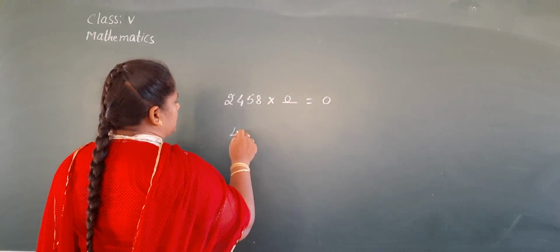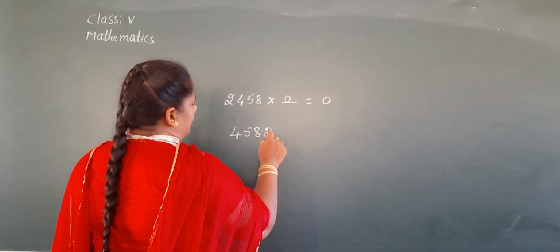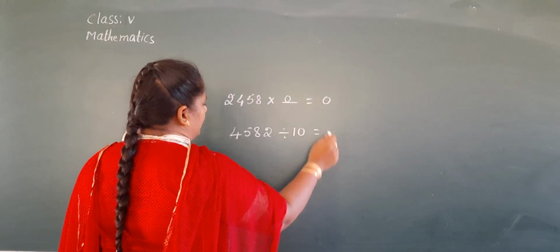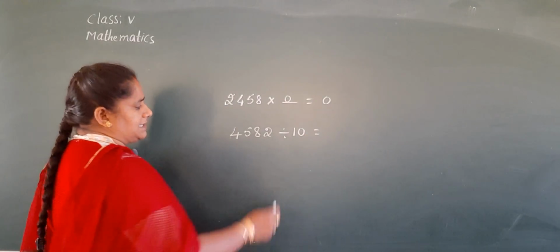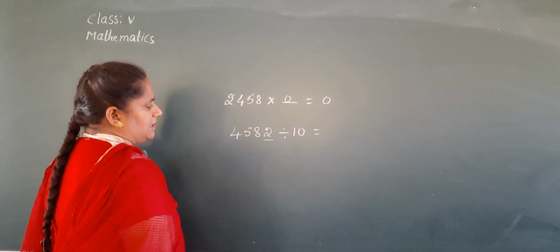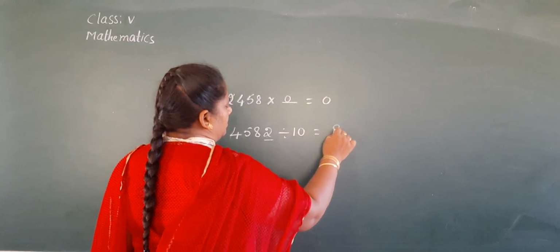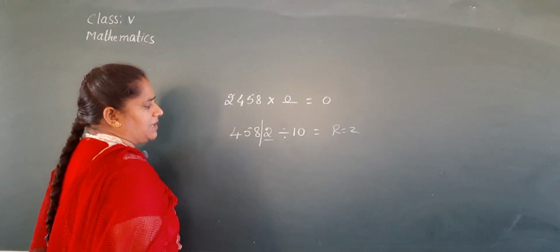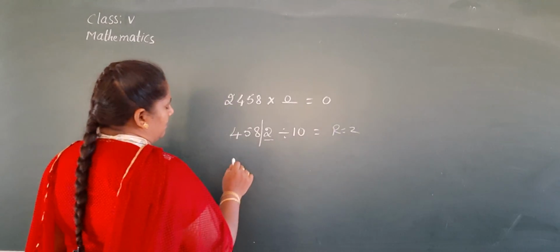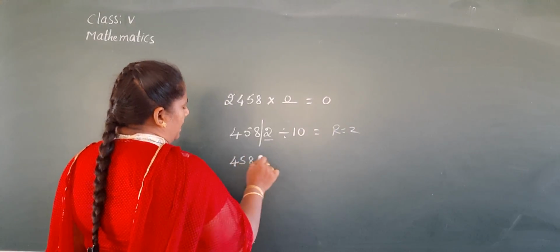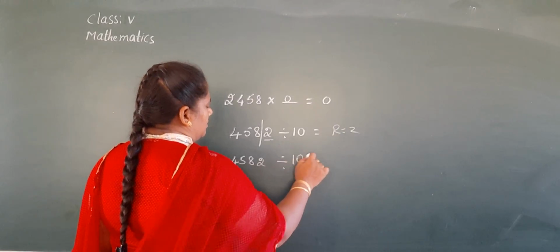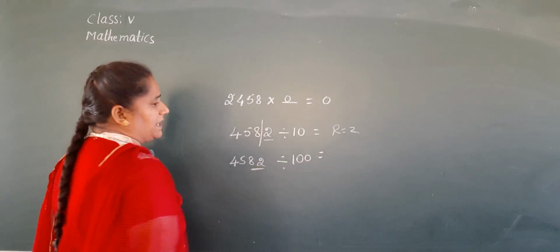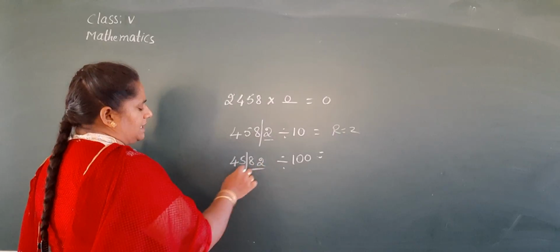Suppose a number is divisible by 10, then the remainder is the digit in the ones place. The ones place becomes the remainder and this part becomes the quotient. If the number is divisible by 100, the last two digits become the remainder and this one is the quotient.